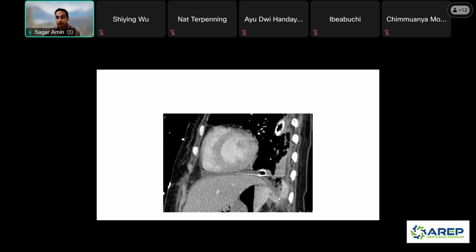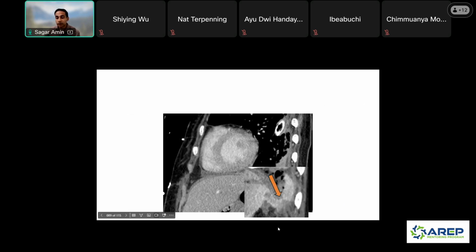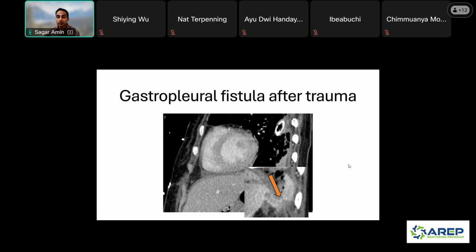And here's an example on a sagittal view of that connection right here. So they had a trauma. It looks like they might have had some sort of rupture to the stomach. And then on follow-up imaging, it looks like that has fistulized with the pleural space here, as you can see by the contrast now spilling into the pleural space.